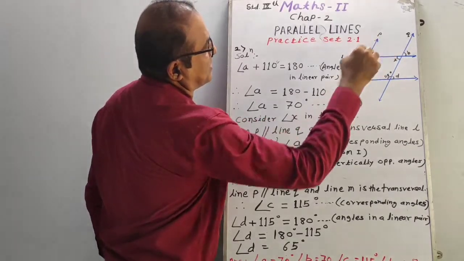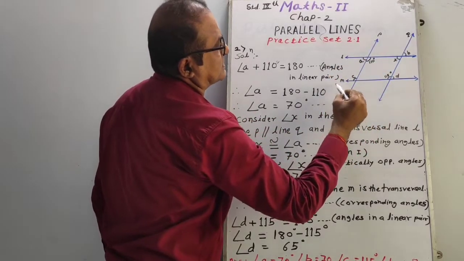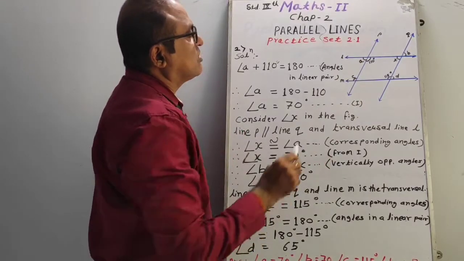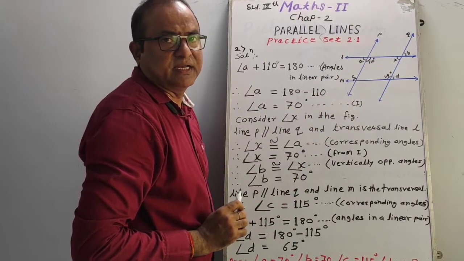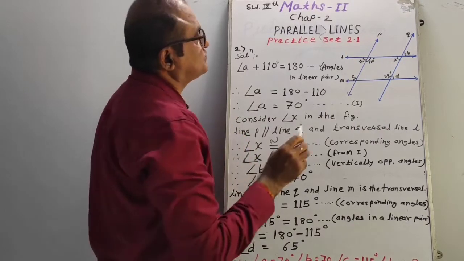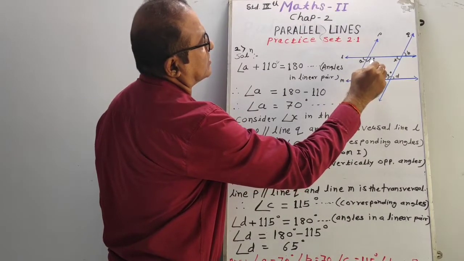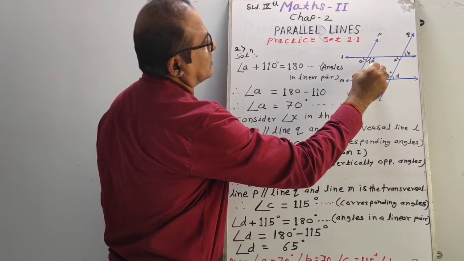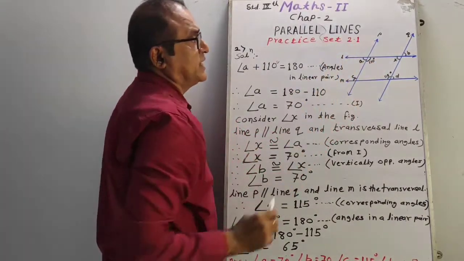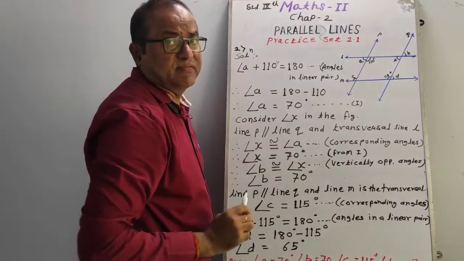Line P is parallel to line Q and transversal L and transversal M. From this figure, we have to find angle A, angle B, angle C, and angle D. See in the figure, angle A and angle 110 are a linear pair. Angle A can be found by the linear pair, first angle.